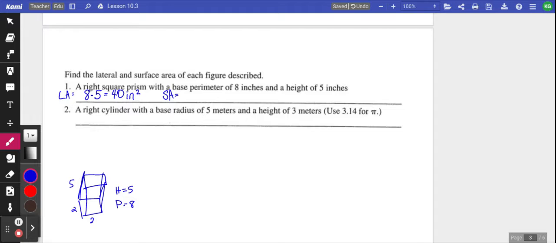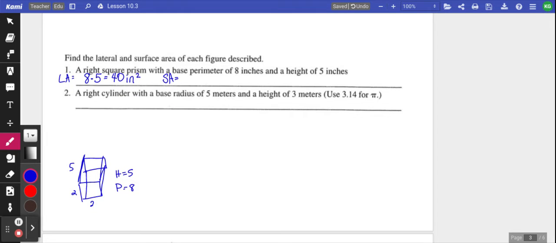So we need to add on both of the bases, like the bottom of the prism and then the top section. So we need to take our 40 inches and add 2 of the bases. Well, the base is a 2 by 2 square, so that means they are 4. And so my total would be 48 inches squared.